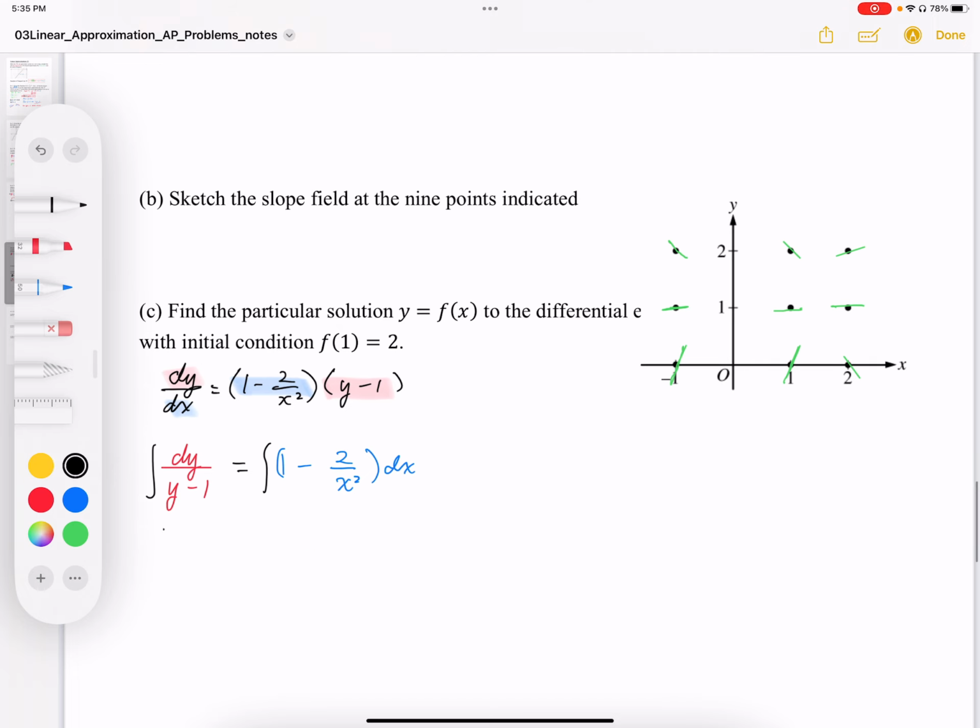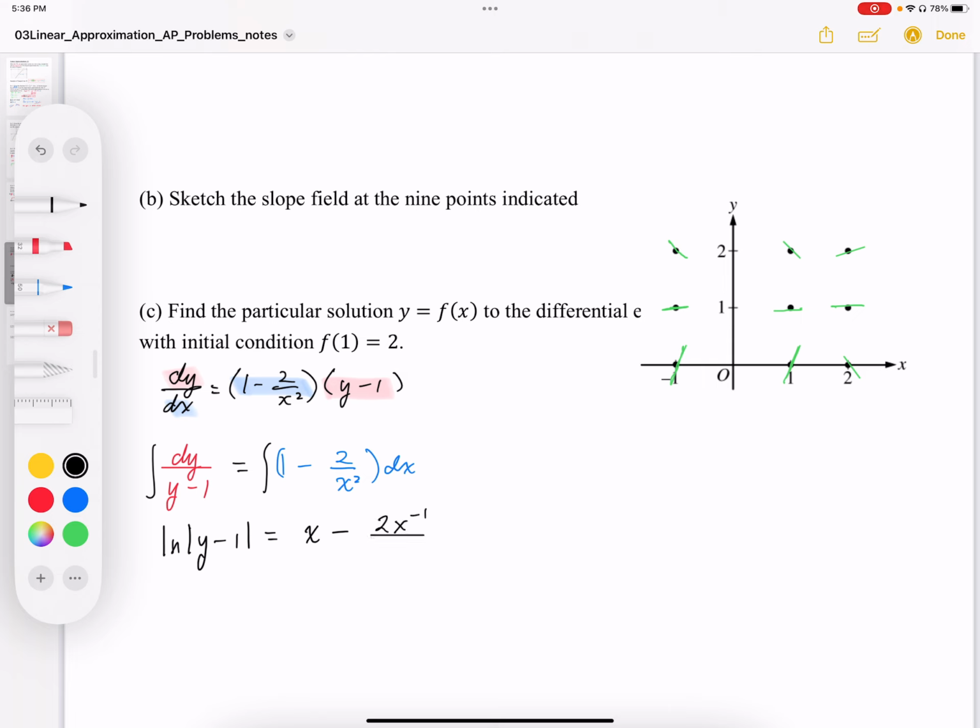On the left-hand side, I'm going to anti-differentiate this using log, so log of y minus 1. On the right-hand side, the antiderivative of 1 is x minus, okay, this x squared is a power, so it's going to be negative 2. I'm going to add 1, that becomes negative 1. So I'm going to end up with 2x to the negative 1.